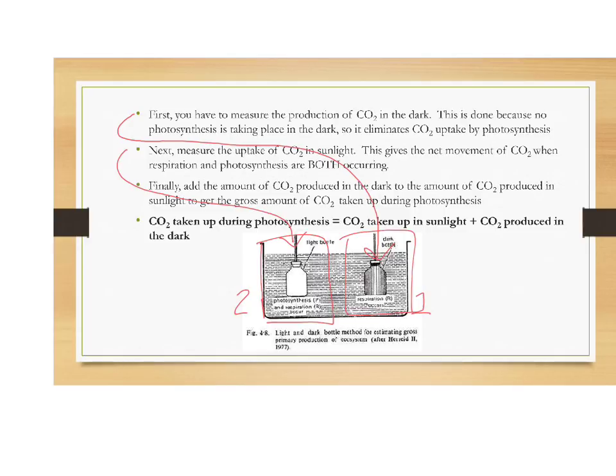Carbon dioxide taken up during photosynthesis is equal to the carbon dioxide taken up in the sunlight plus the carbon dioxide produced in the dark. And that is exactly what the Biozone sheet is talking about, with the light bottle and the dark bottle suspended, and then you measure that stuff. So I kind of wanted to go through that in this slide as well.